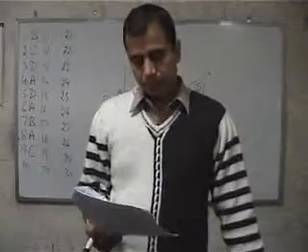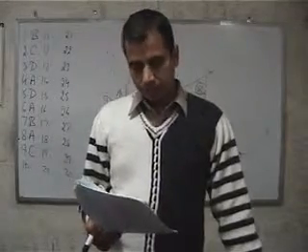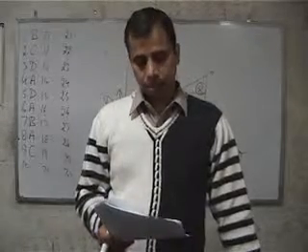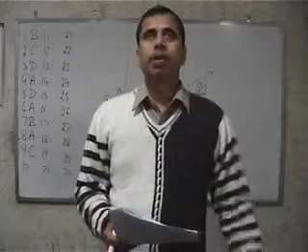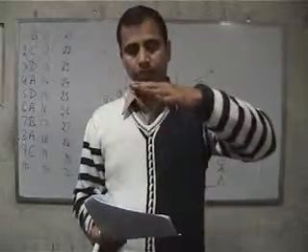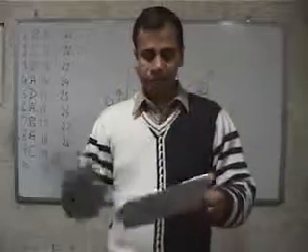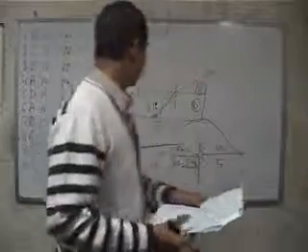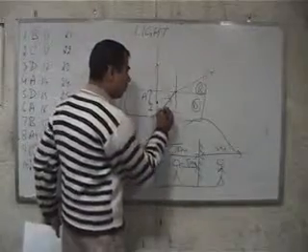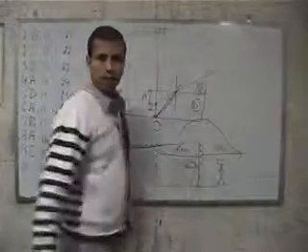Question number 10. If a glass rod is immersed in a liquid of the same refractive index, it will appear. Remember, when light changes medium, if there is a difference of refractive index, then it changes its path, as we discussed right here. But if there is no change of medium, light keeps on traveling in a straight line.